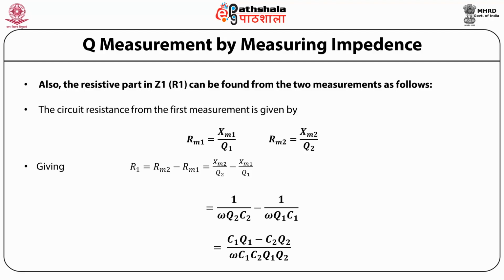Putting in the values, we get R1 is equal to 1 by omega Q2 C2 minus 1 by omega Q1 C1. So, the final expression for R1 is C1 Q1 minus C2 Q2 divided by omega C1 Q1 C2 Q2.